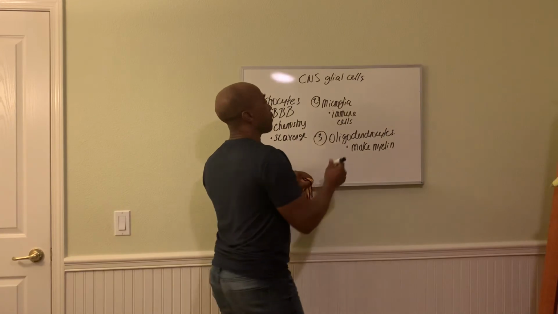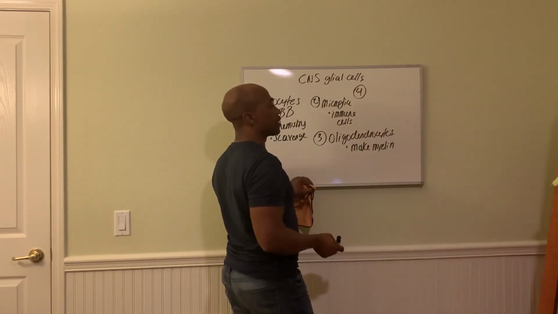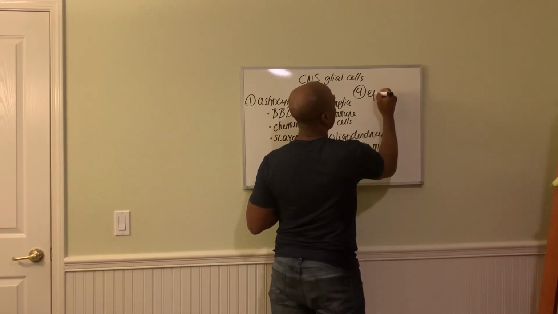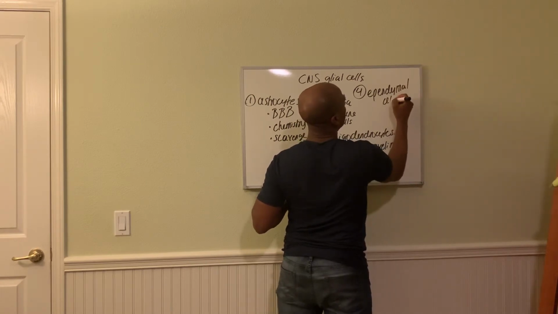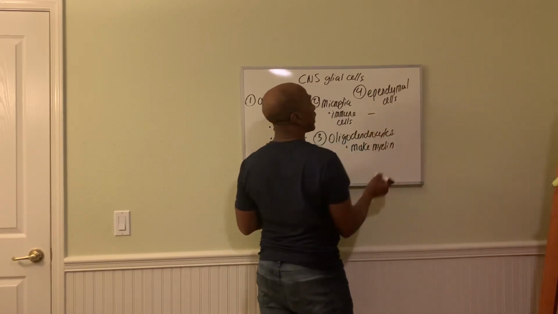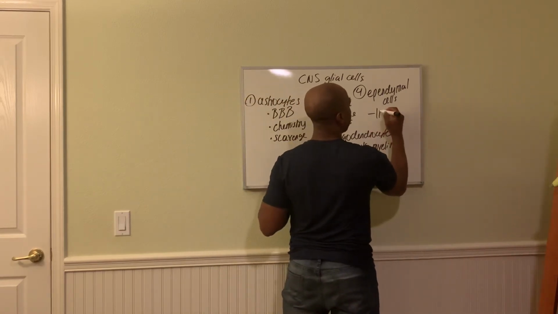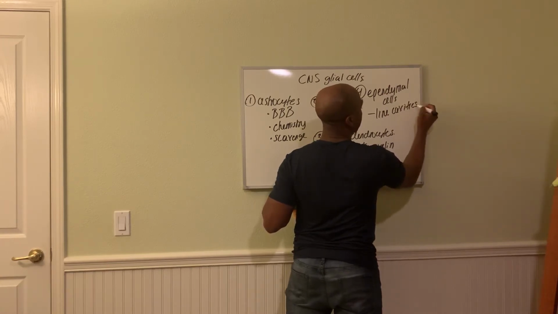And the 4th type of glial cell that we find in the central nervous system would be your ependymal cells. Ependymal cells are cells that line your cavities in the CNS.